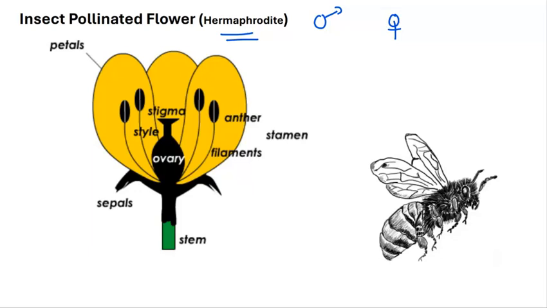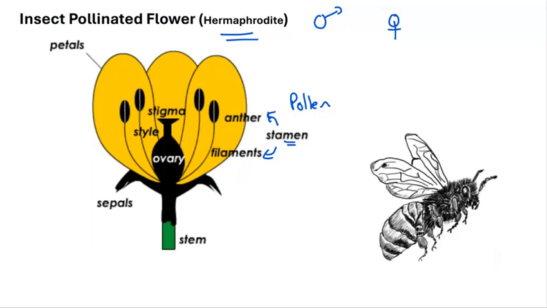The male component is composed of the anthers, which produce the pollen. And those anthers are on a stalk called the filament, and together these structures are known as stamen. And you can see that within the image there are a number of stamen just inside the petals.